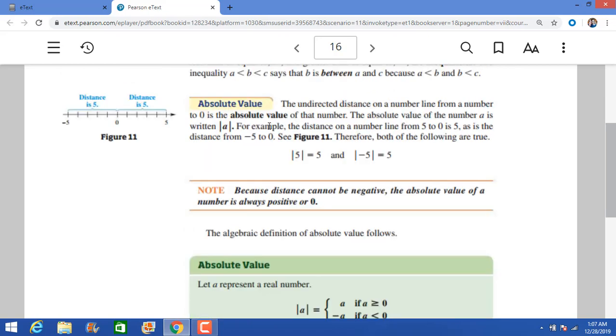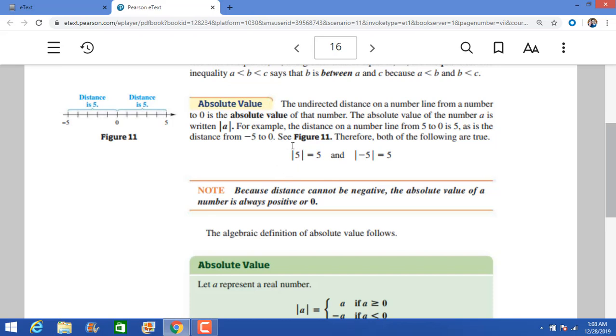Now, absolute value. If we don't care about the direction, and all we care about is how far a value is from 0, as far as distance, how many units, we don't care about the direction, but we care how many units a particular value is from 0, that's called absolute value. It's the undirected distance on the number line from a number to 0. That's the absolute value of a number.